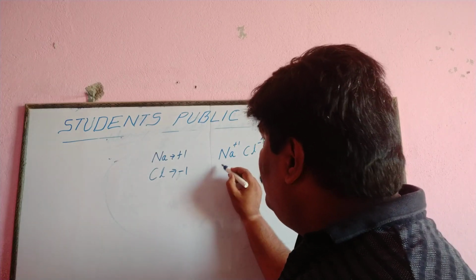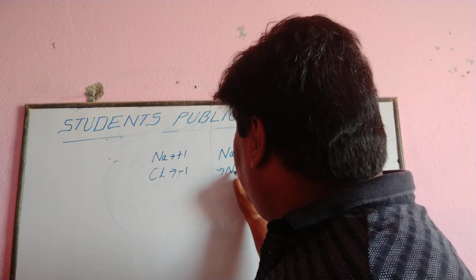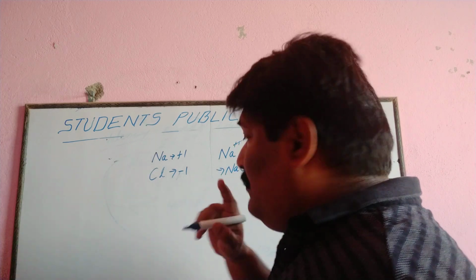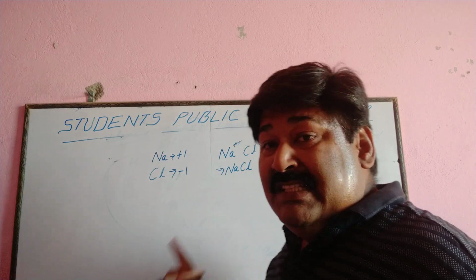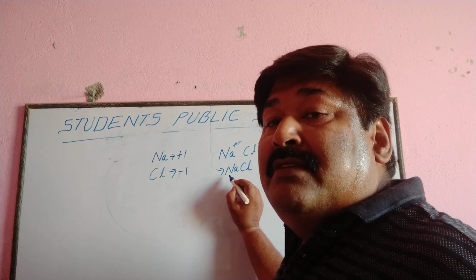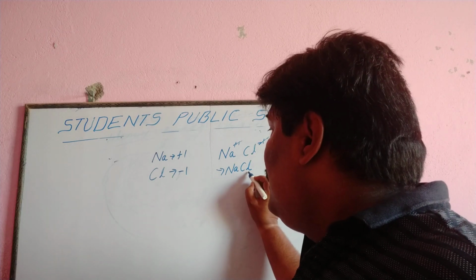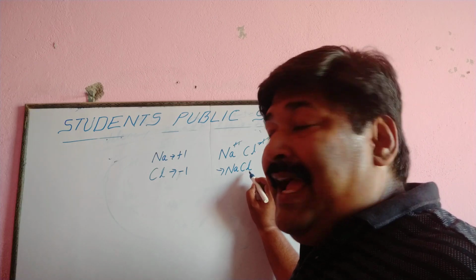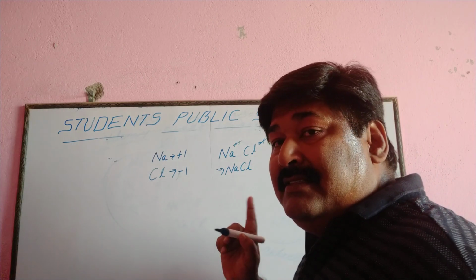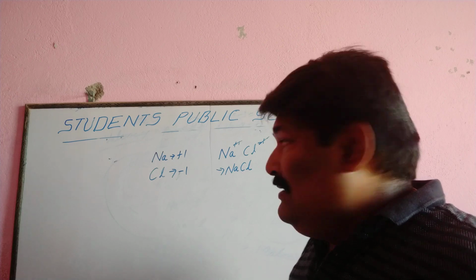So what will be the formula? Plus 1 and minus 1 will cancel each other. The formula of sodium chloride is formed, NaCl. Now remember, sodium is a metal, so it will be written first, always sodium, then the non-metal chlorine is written. And we make a slight change in its name. Chlorine is named as chloride.